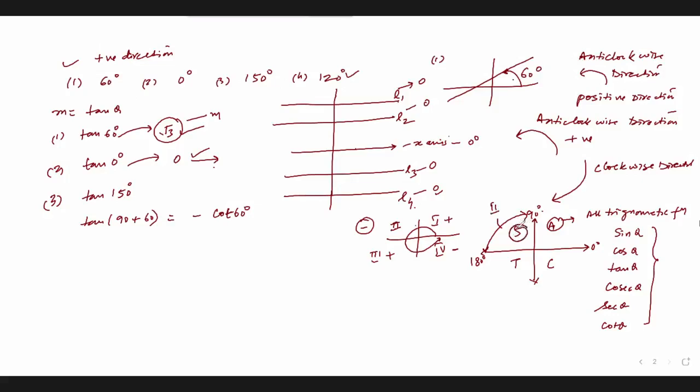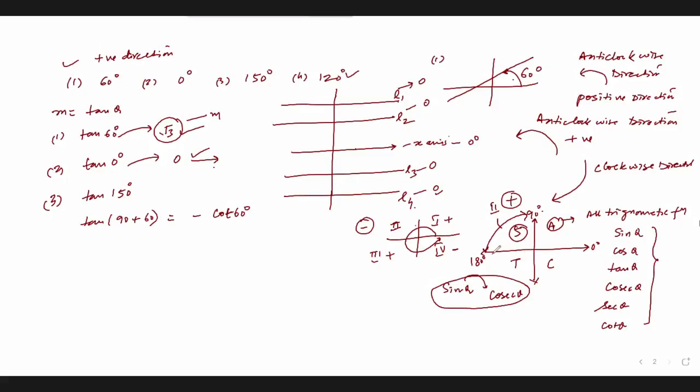So I have written S. S belongs to sine theta. And what is the reciprocal of sine theta? That is cosec theta. So sine theta and cosec theta are the only ones positive. The other leftover trigonometric functions are negative.